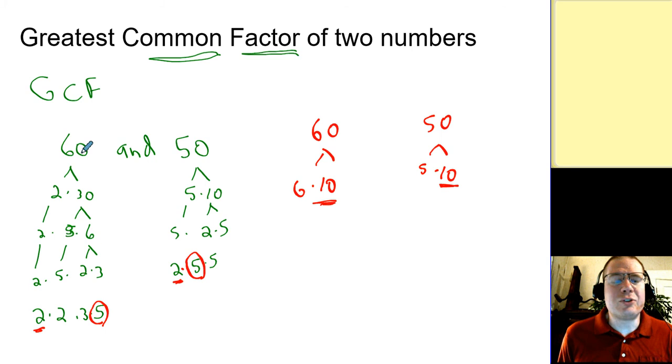Listing all the factors of 60 is going to take me a while. Let's see, make this a little skinnier here. Well, I can do 1 times 60, of course. 2 times 30 is what I used.